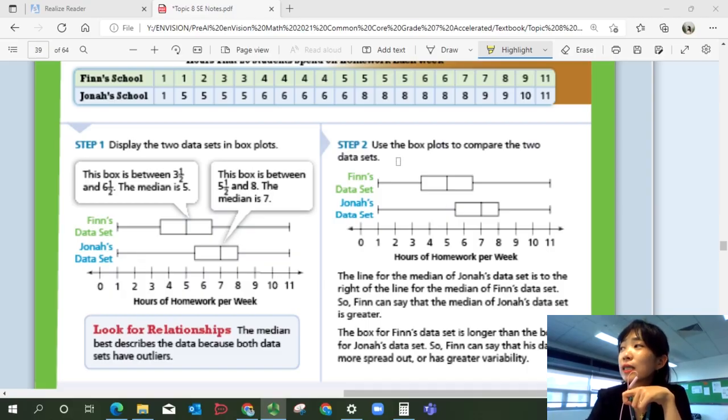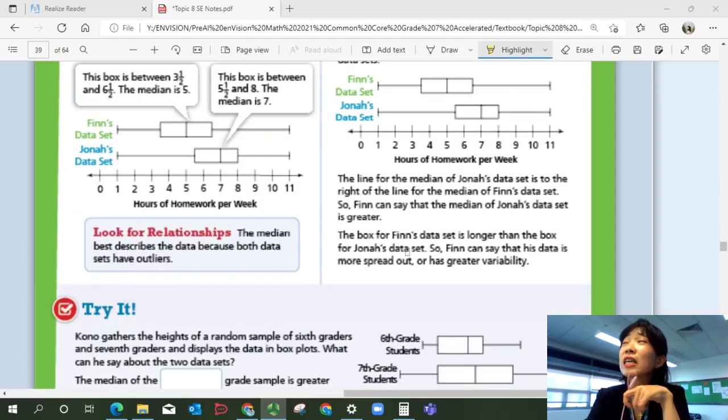The box for Finn's data set is longer. So Finn can say that his data is more spread out, it's more varied, and has greater variability. Okay, so those are the things you can infer from the box plots.